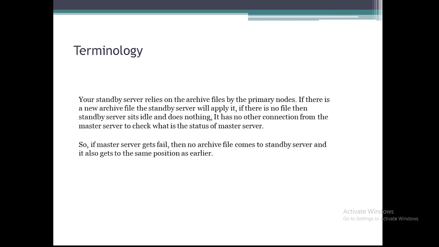Okay, so the slave applies these archived files to its database, and that's how it gets in sync with the master. So if there is a new archive file, the standby server will apply it. But if there is no file, then the standby server sits idle and does nothing. Like if there is no file, then it does not know what to apply to its database.